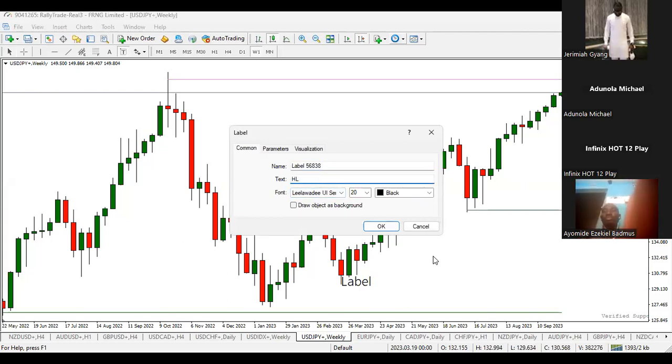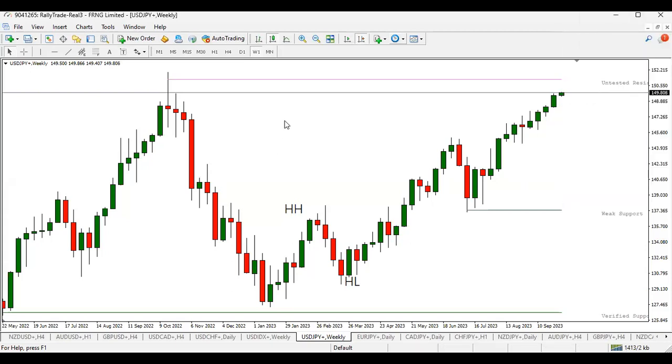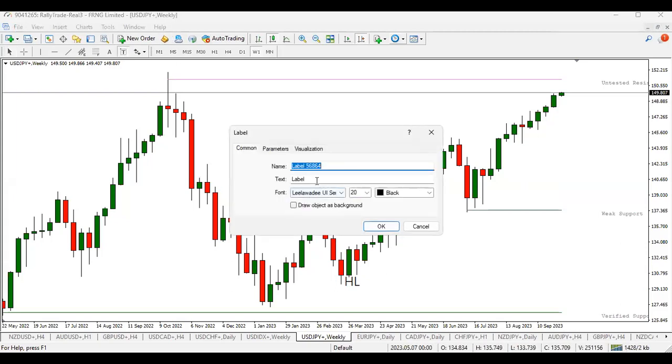This is our higher low. Yeah. And then we also have, now this higher high is what is creating the next higher low. This higher high is what is creating this higher low. Now this higher low has to go and create a new higher high.